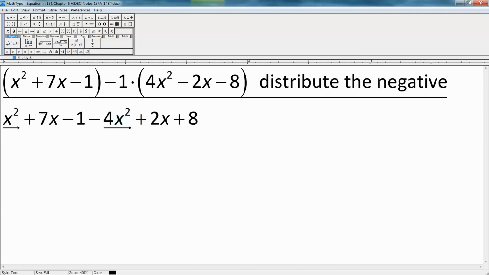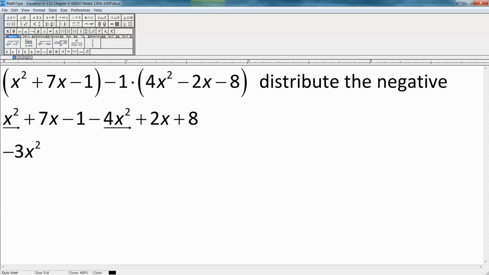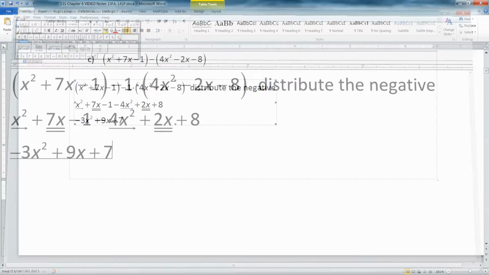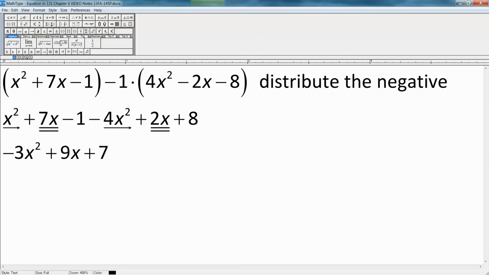So if you have 1x squared, take away 4x squared, that's negative 3x squared. Then you have your 7x right there, and your 2x right there, which makes plus 9x. And then negative 1 plus 8 makes plus 7. Done.